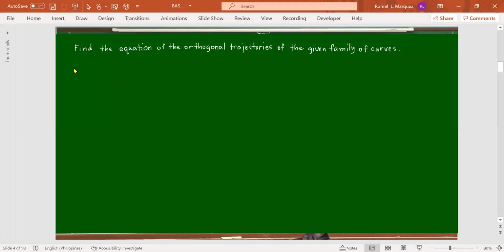Okay? So number one, let's say we're given x squared plus y squared is equal to c. So this is the known family. Let's get the differential equation of this.